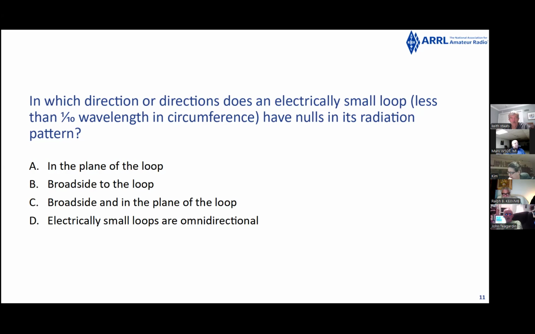Electrically small loops are omnidirectional in the plane of the loop, so the nulls are broadside to the loop. You're right.